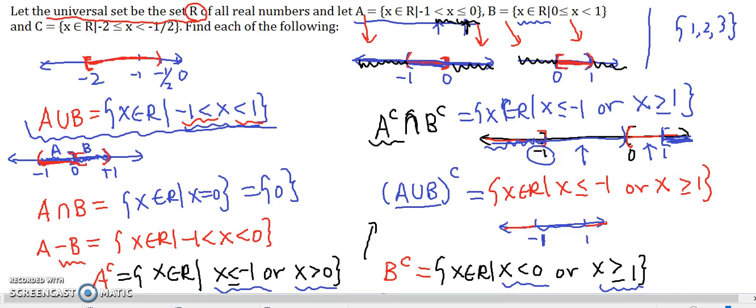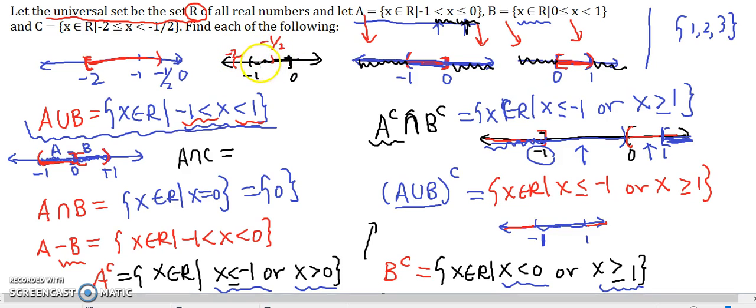We're going to do one more, the intersection of A and C. So I'm going to put it over here. Intersection, so we have A right here. We put an A here from -1 to 0. And C is from -2 to, let's say, -1/2. So -2 is right here, -1/2 is right here.